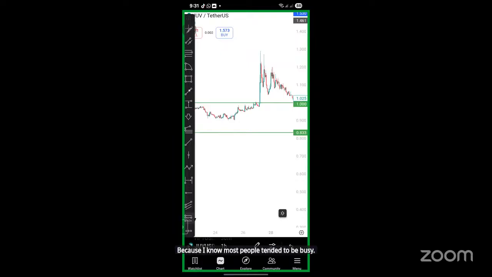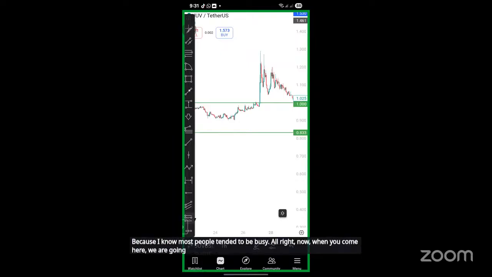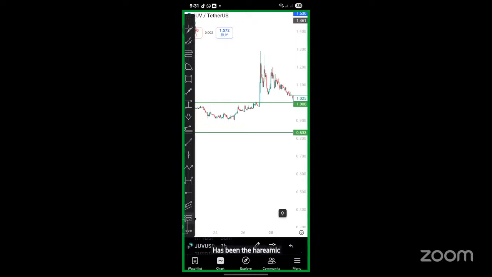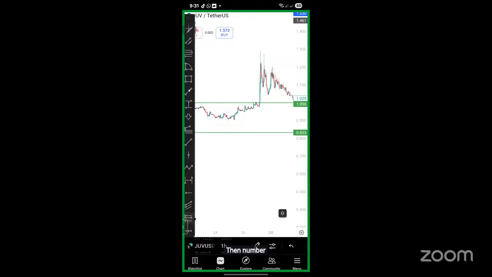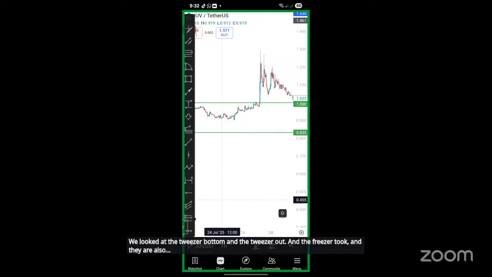All right. Now, when you come here, we are going to look at something else, and that one has been the harami patterns. Harami patterns can be bullish and can be bearish, as we have seen. Then number two, I don't know whether you looked at the tweezer bottoms and the tweezer tops. We looked at the tweezer bottom and the tweezer what? And the tweezer top, and they are also very important when it comes to trading.